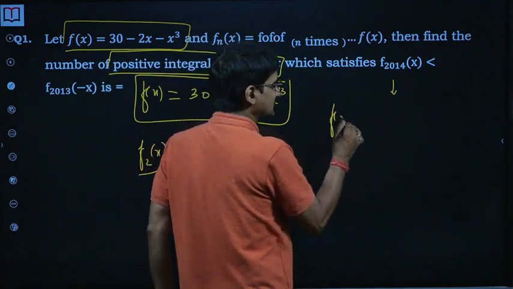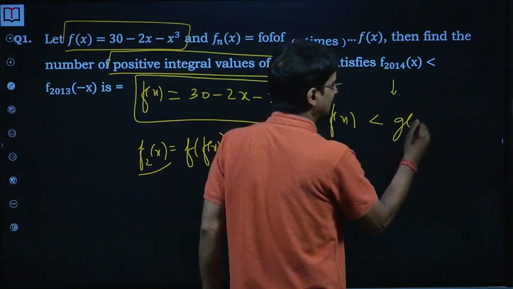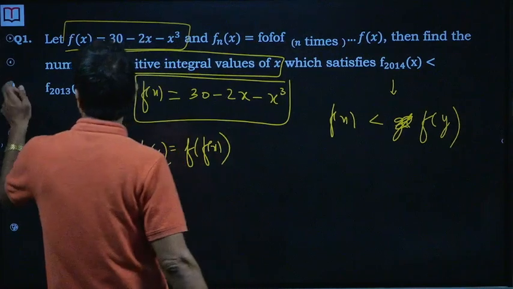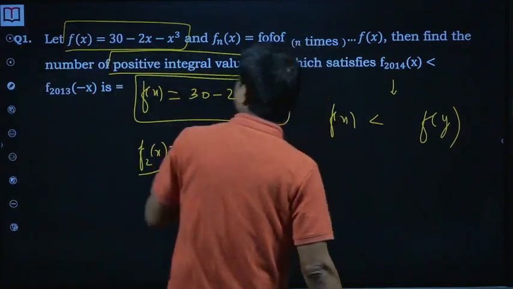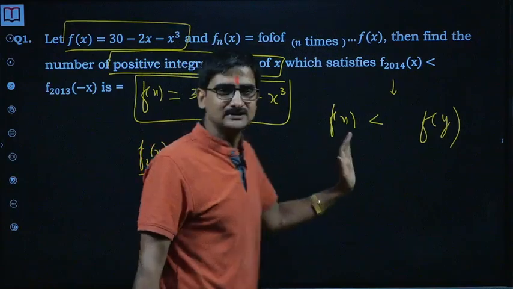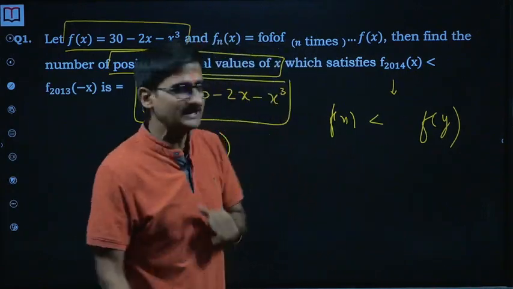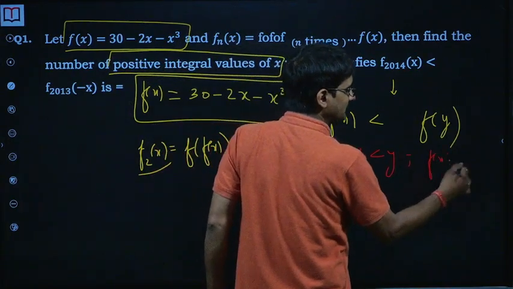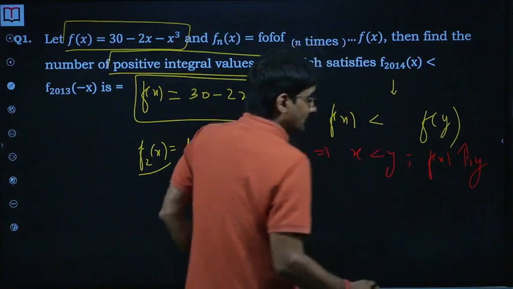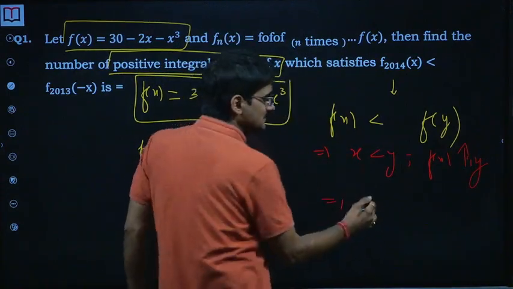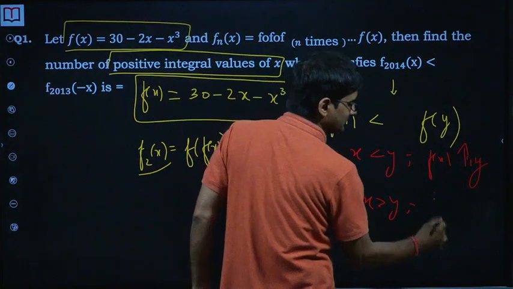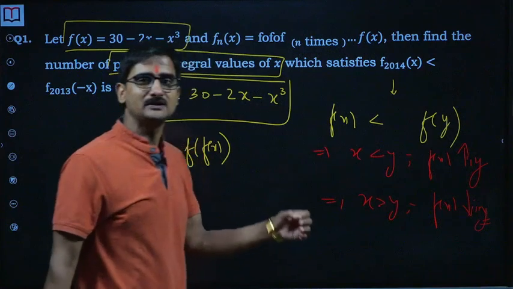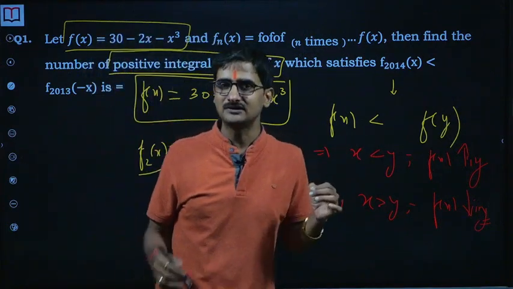Say f(x) less than f(y), so it has to be the same function on both sides. If f(x) is an increasing function, then x is less than y. And if it's a decreasing function, we just reverse the inequality. So increasing and decreasing behavior ultimately helps in solving the inequality, not the different function.